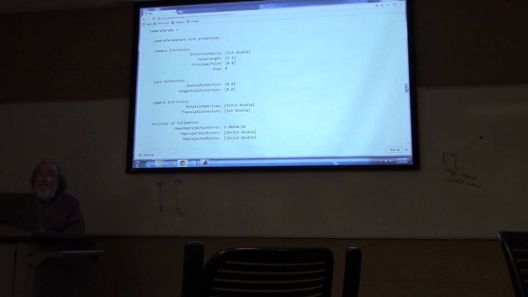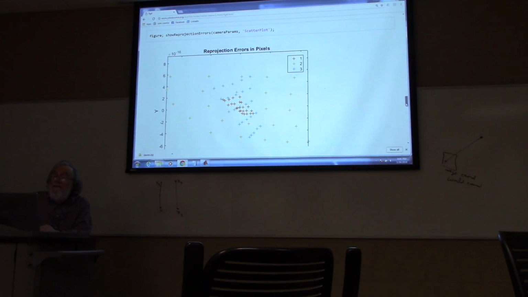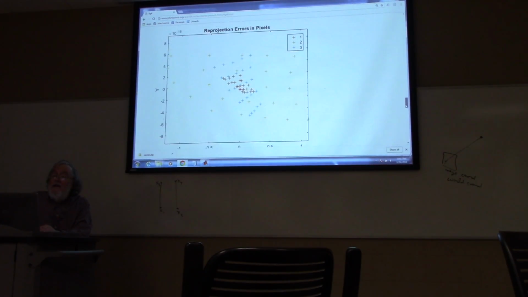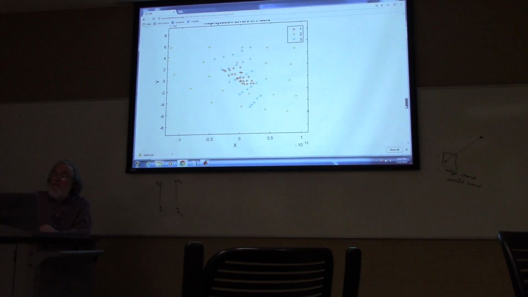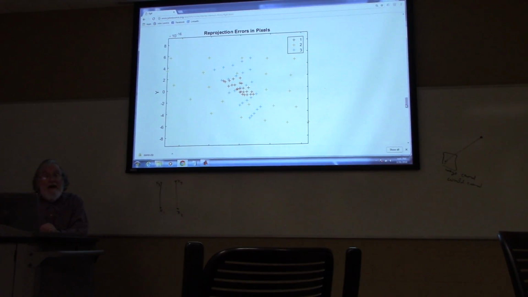Principal point 0, 0, no skew, focal length 1, 1, no distortion, no tangential distortion. Here's the reprojection error. Take a look at the power of 10 up there. So those corners are reprojected to where they're supposed to be, to 10 to the minus 16th.